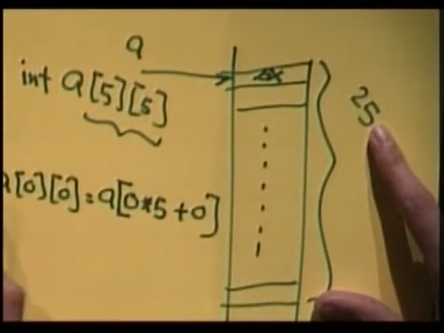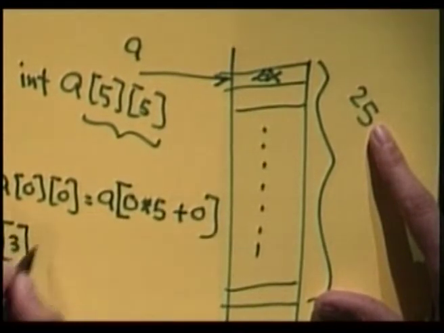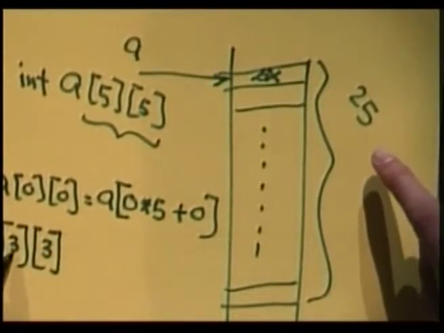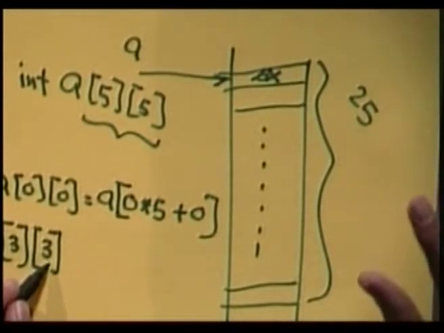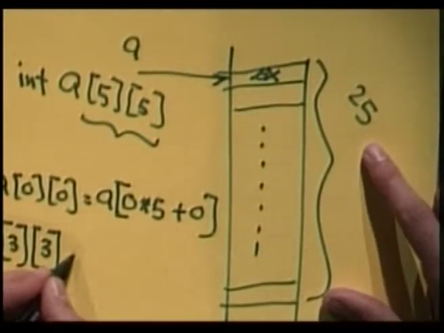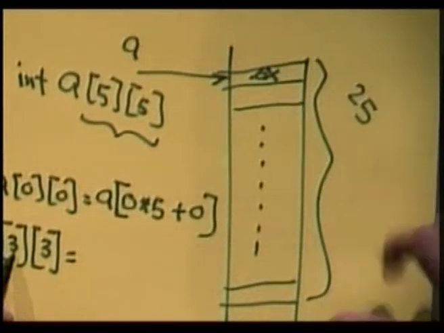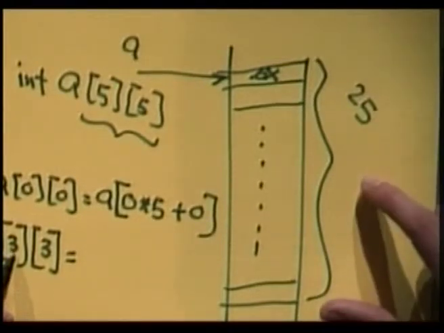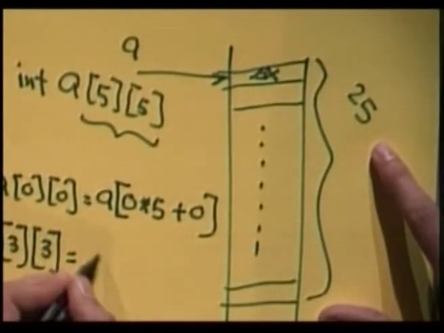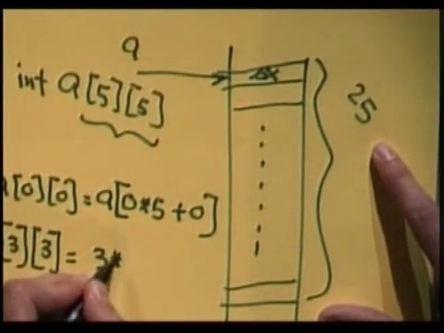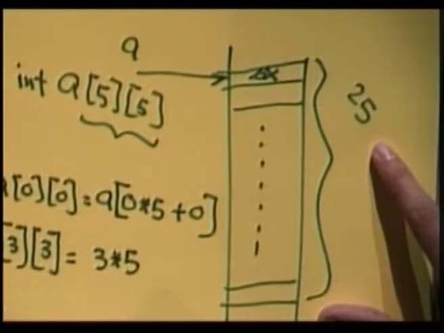However, if I go to A of, let's say, 3 and 3, which is the third row, third column, logically starting from zeros, then practically I already have 3 rows ahead of this one, right? In each of these rows, I have 5 entries. So before this, I have 3 rows already saved, each containing 5 entries.